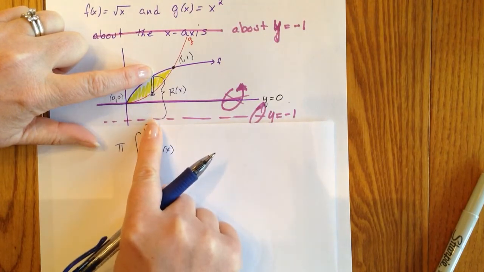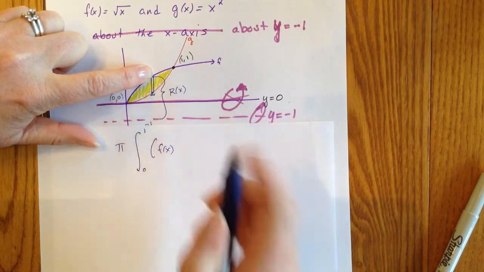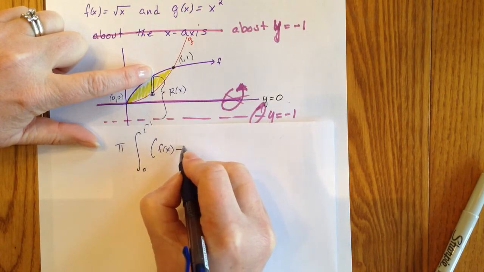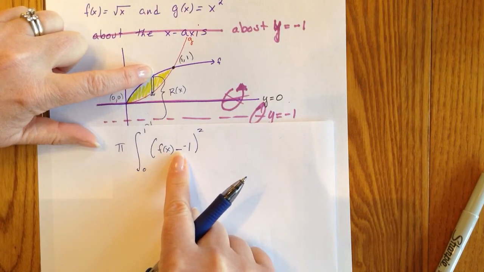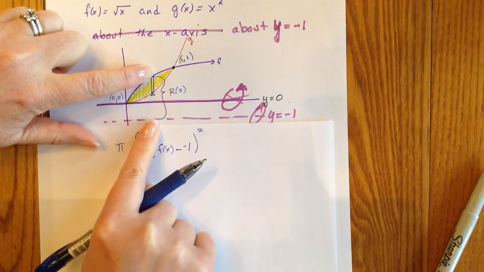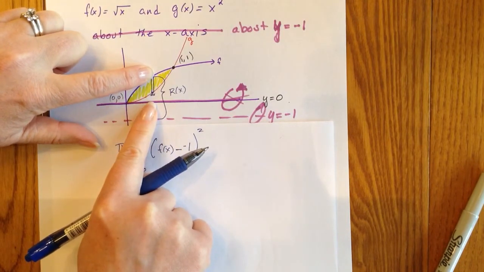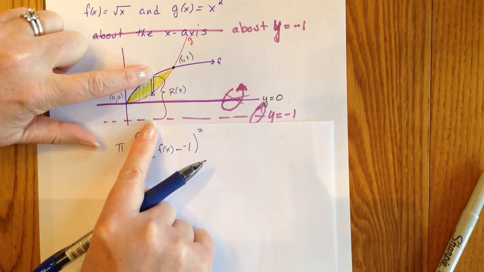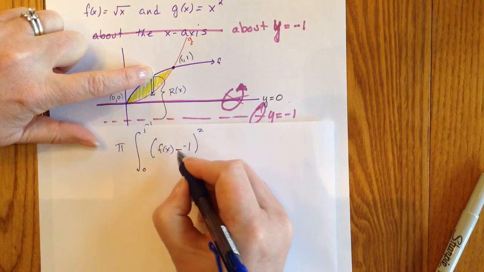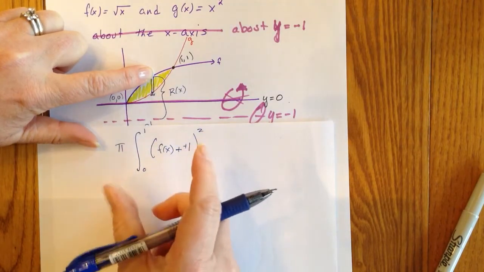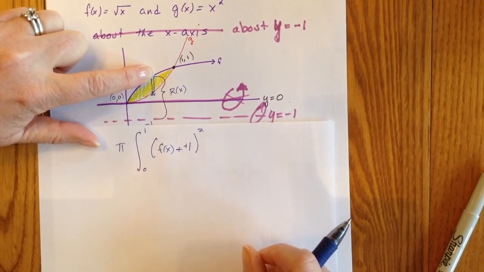What's your bottom finger on? -1. It is minus the -1. Yes, I am aware that that becomes addition. Think about it. Our radius went from here to there. It got bigger. But if you just do top minus bottom, it takes into account that we have widened the radius. I know, it's genius.